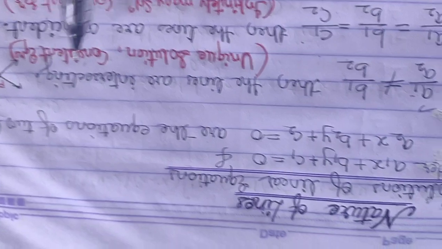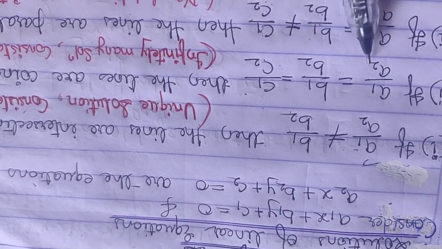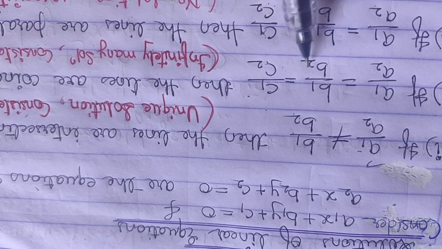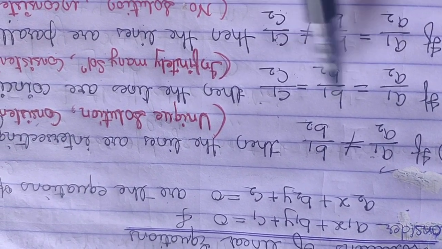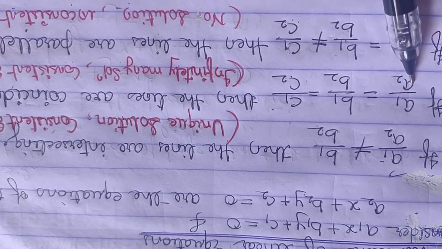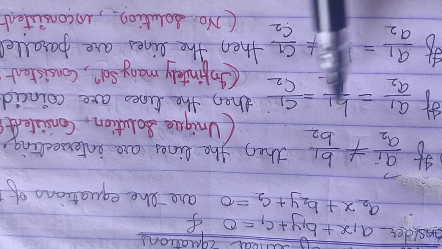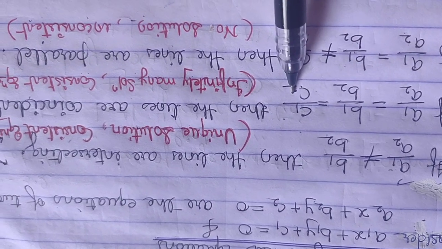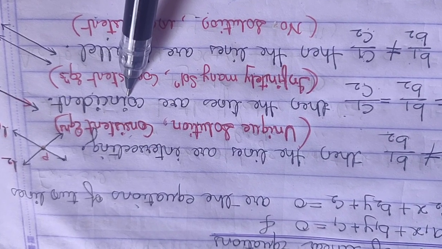Okay, the second condition: if a1 upon a2 is equal to b1 upon b2 is equal to c1 upon c2, if all the three ratios are equal, these being the ratios of coefficients of x, coefficients of y, and the constant terms, then the lines are coincident lines.